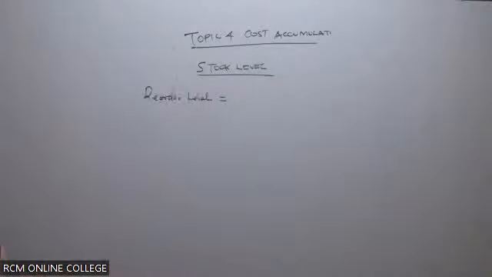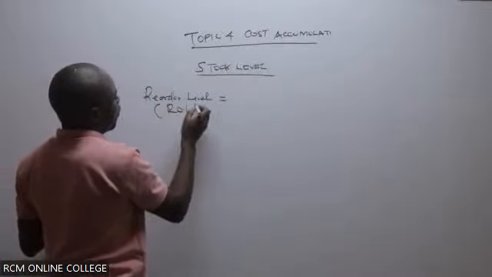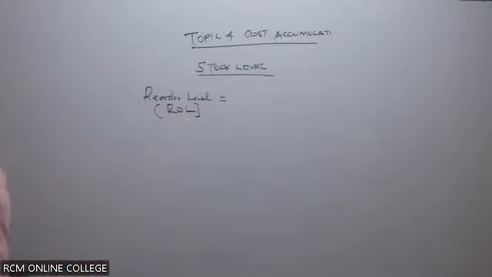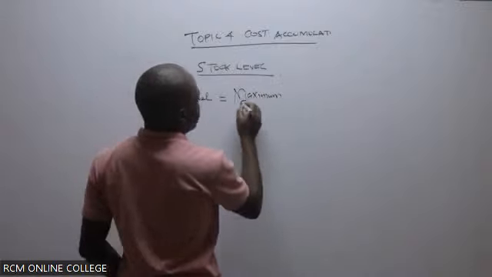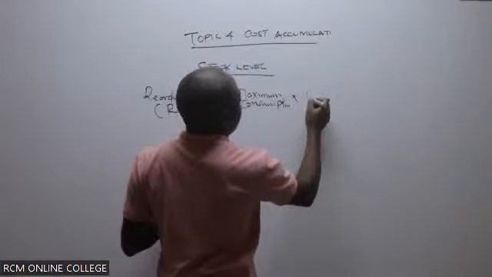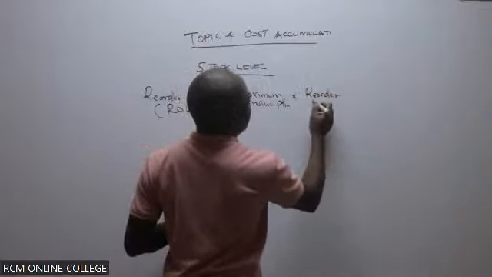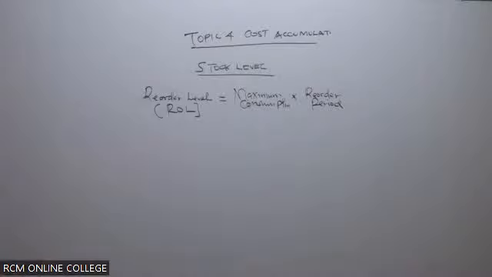How do we get our reorder level? So it is maximum consumption times reorder period.